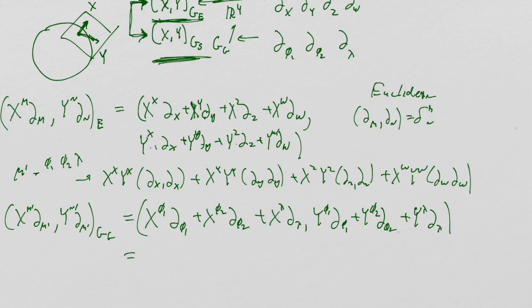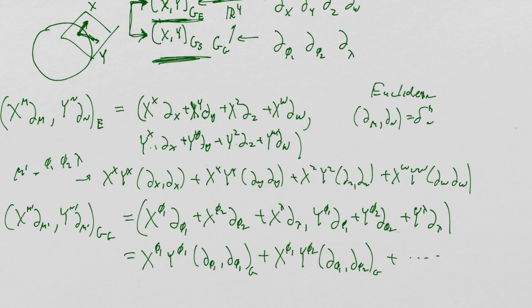And this is going to be x phi 1, y phi 1, partial phi 1, partial phi 1. But now we're not sure about the cross terms. So it's going to be x phi 1, y phi 2, partial phi 1, partial phi 2. And this, of course, is in the glome coordinates, etc.